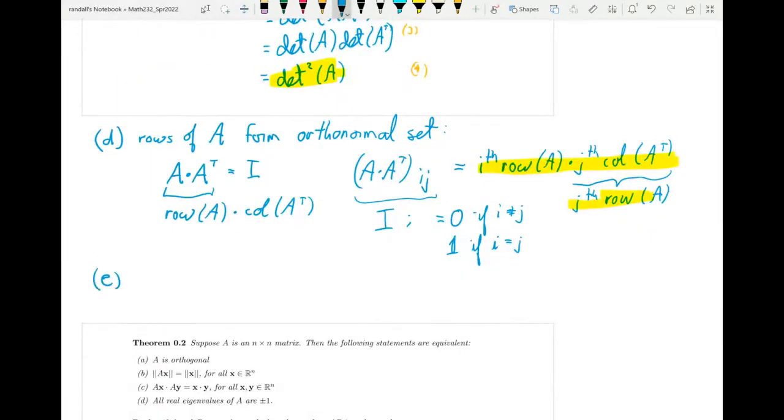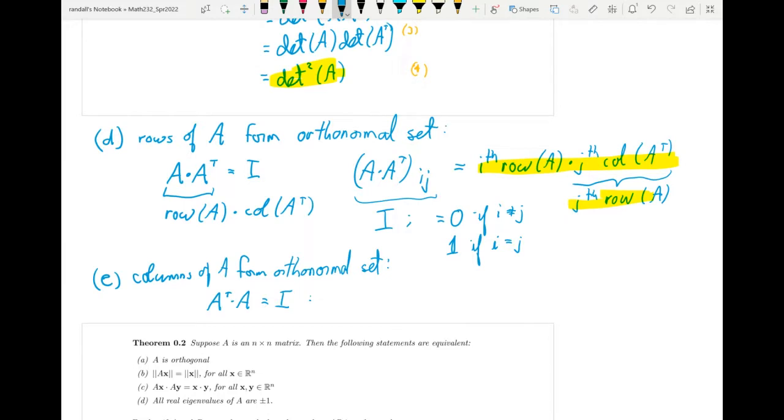And for E, the columns of A form an orthonormal set. That's also easy to see, but now we go AT dotted with A, and that equals the identity.